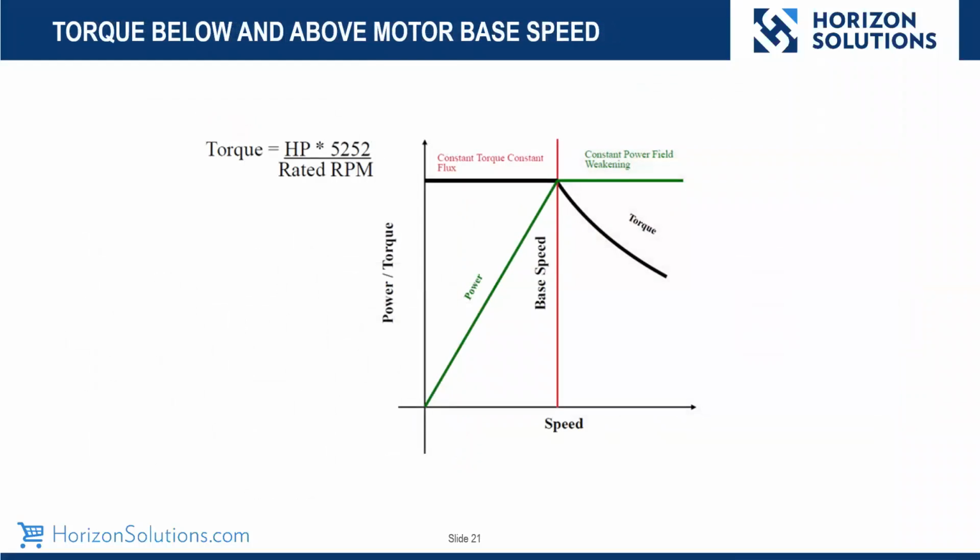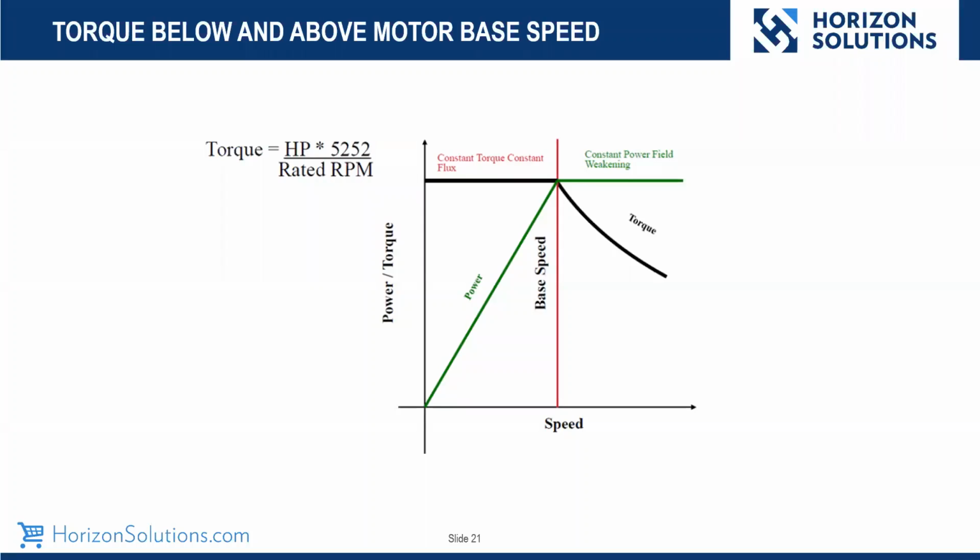Let's take a look at it again. From the electrical point of view, it would be the volts times amps divided by 1.73, which would give you the kilowatts. This is the mechanical equivalent of it: RPM times torque divided by 5252 equals horsepower. So let's see what we're doing here. This would be if it was on a drive. Notice again, the fuchsia lettering across the top shows constant torque.